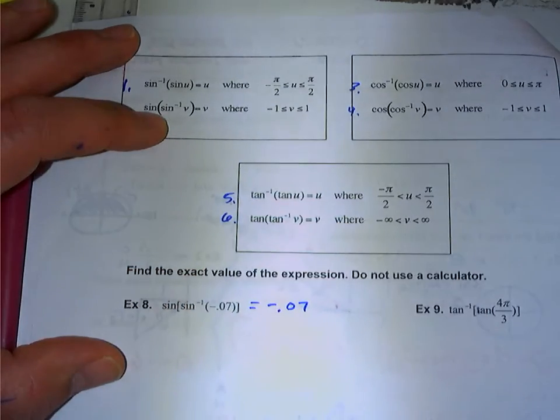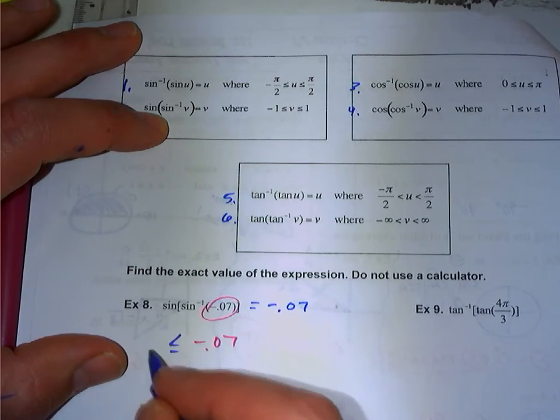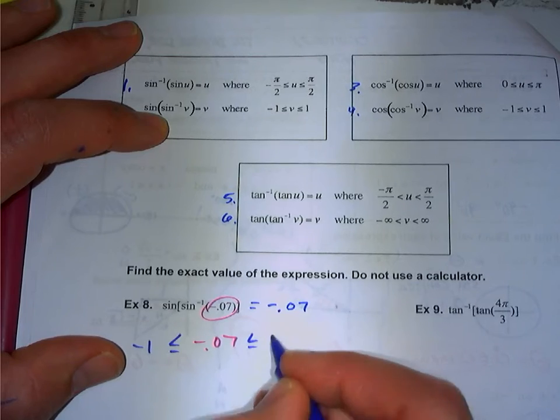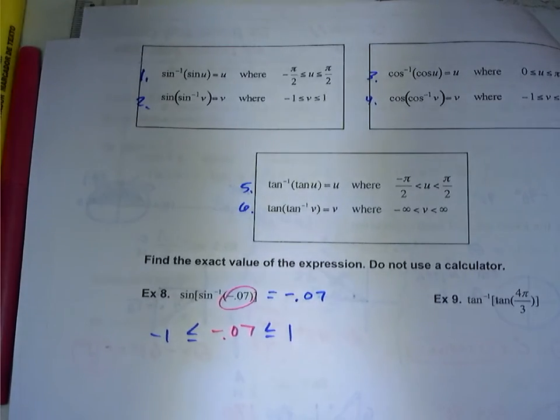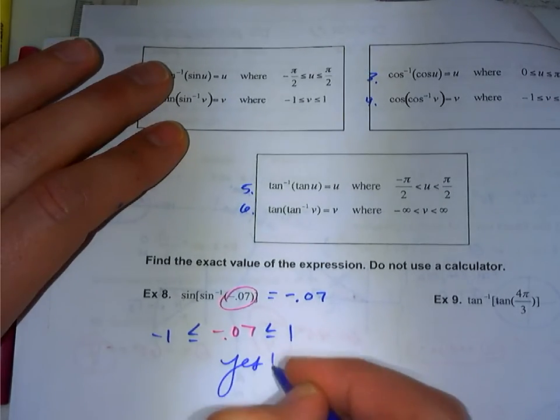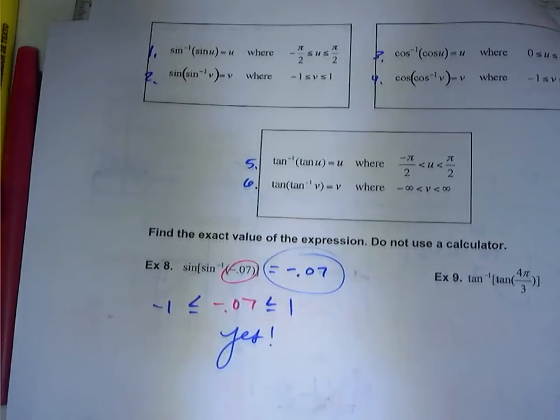So my question to you is, does this number here, negative 0.07, fall between negative 1 and 1 on a number line? So here's negative 1, 1. Isn't negative 0.07 somewhere in between? So the answer is yes. If that's yes, then that's my answer. If it's no, then I'll show you how to come up with the answer tomorrow.